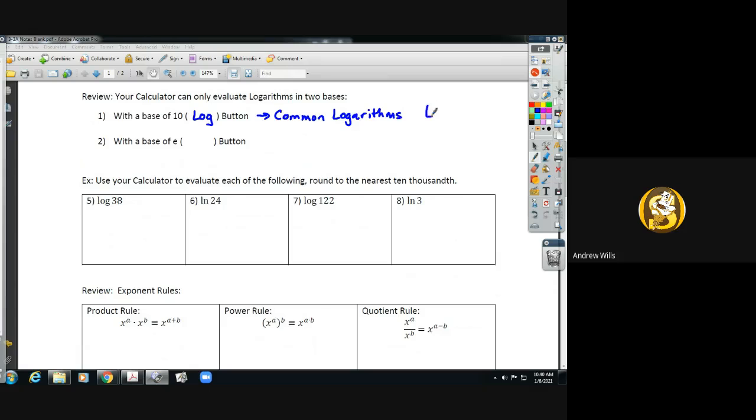That's where we have log with no number, okay? That is a common logarithm. It's the log button, which is on the left side of your calculator, right next to 7. And logarithms with a base of e, which are known as your natural logarithms.